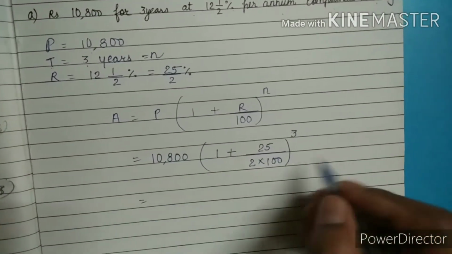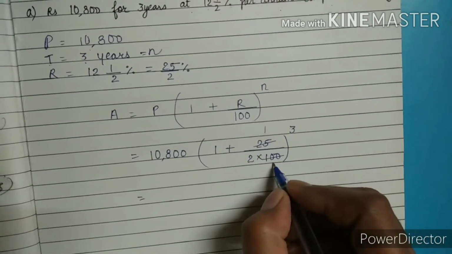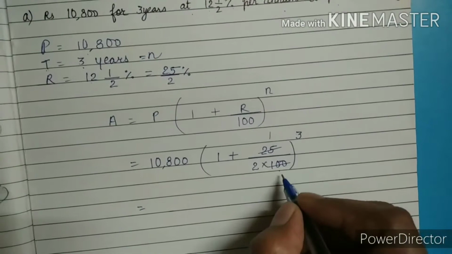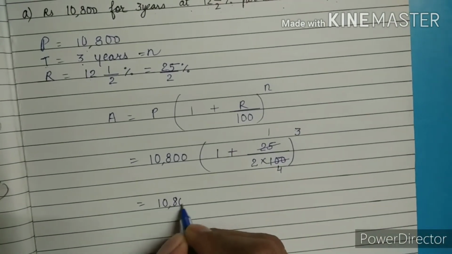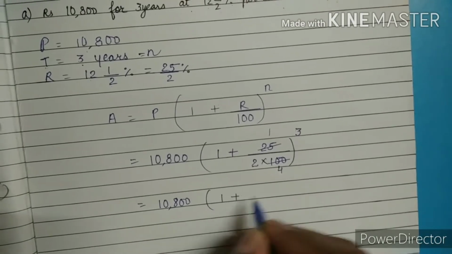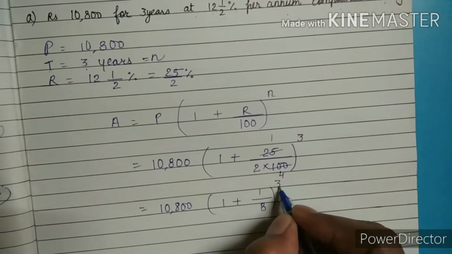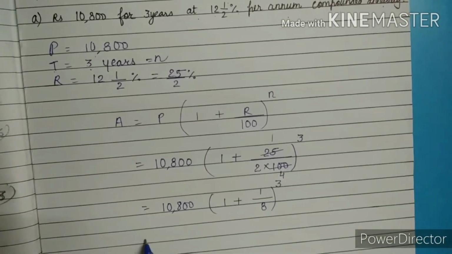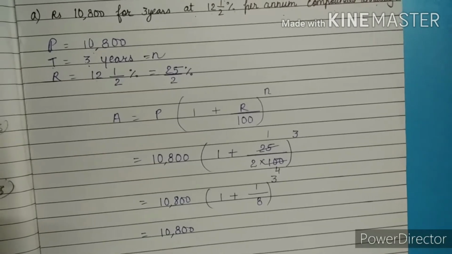Now 25 1s are 25, 25 4s are 100. So it will give us 10,800, 1 plus 1 by 8, since 4 2s are 8, whole power 3. Now 10,800 as it is.